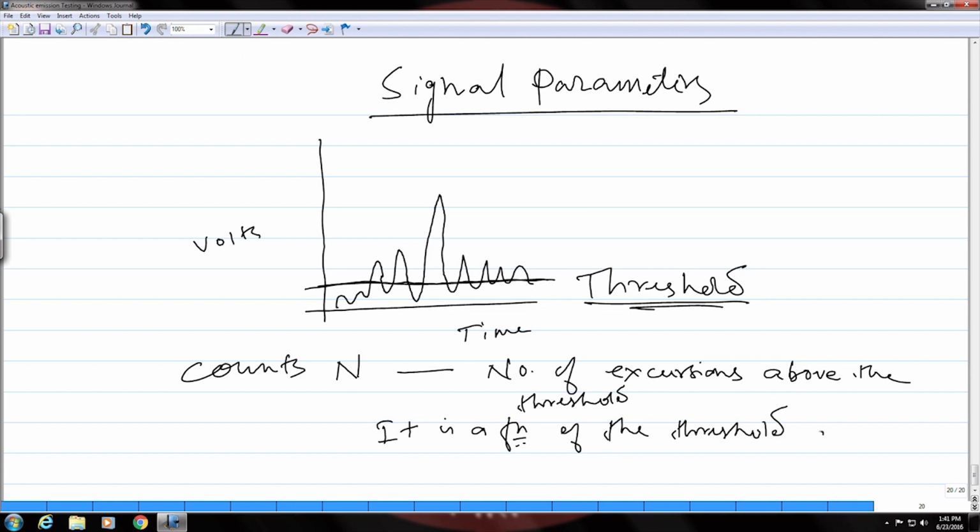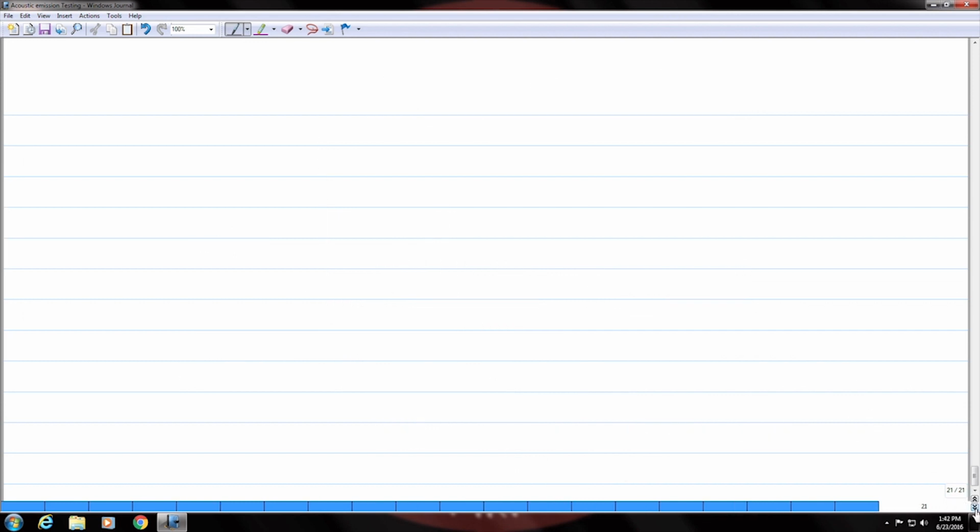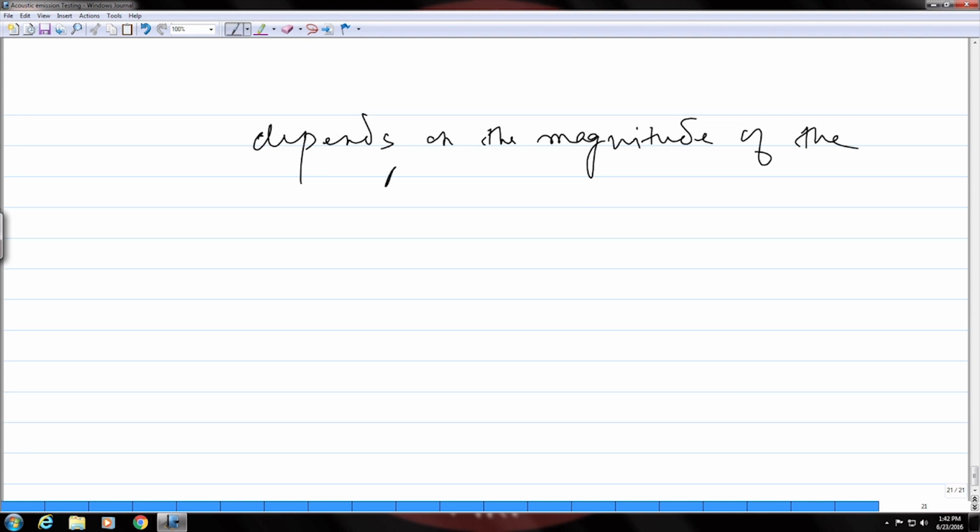And it is also a function of the frequency. And this would certainly depend on the magnitude of the acoustic emission source. In fact, this would indicate the magnitude of the source. And it also depends on the acoustic properties of the sample and the sensor.